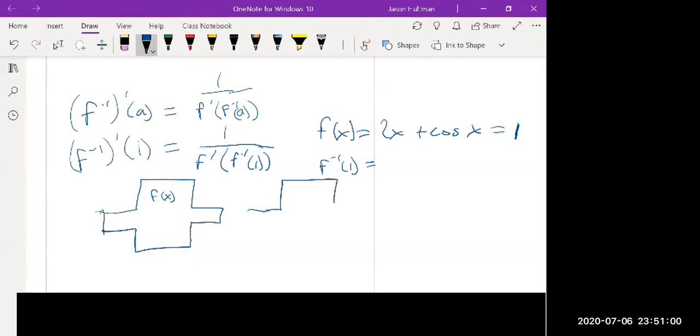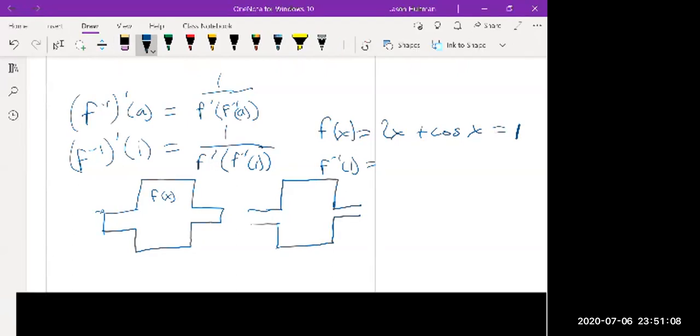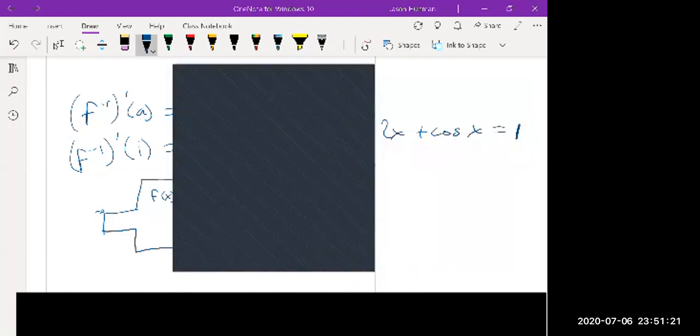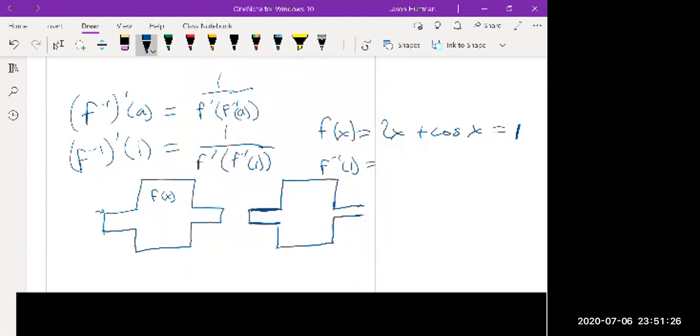Think of it like a pizza oven: the pizza comes out delicious, but what goes in is dough, which is just water and flour. And this is f inverse of x.